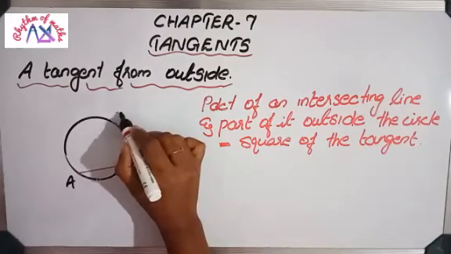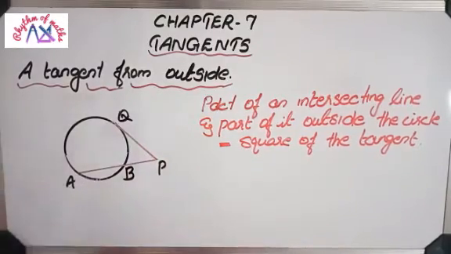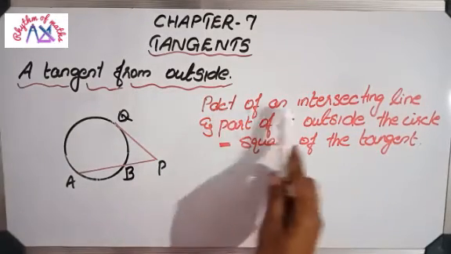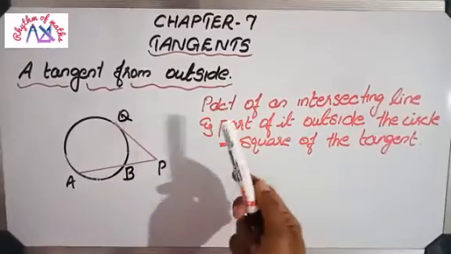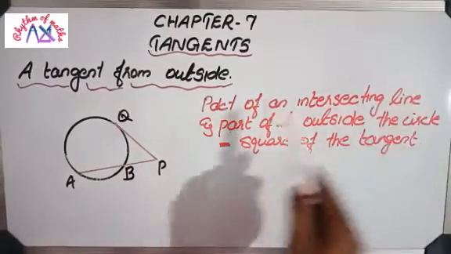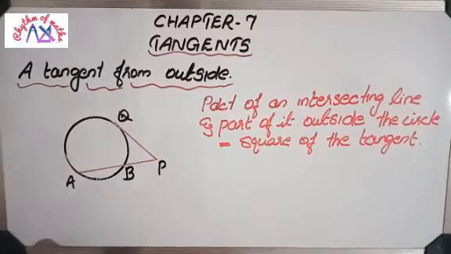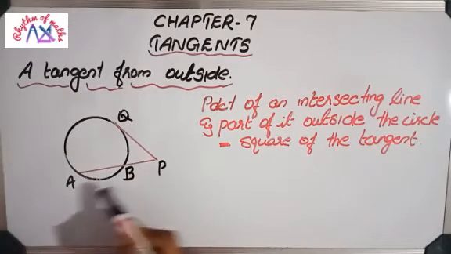Let's consider the tangent as PQ. Then our concept is product, which means multiplication, of the intersecting line. PA is the intersecting line.